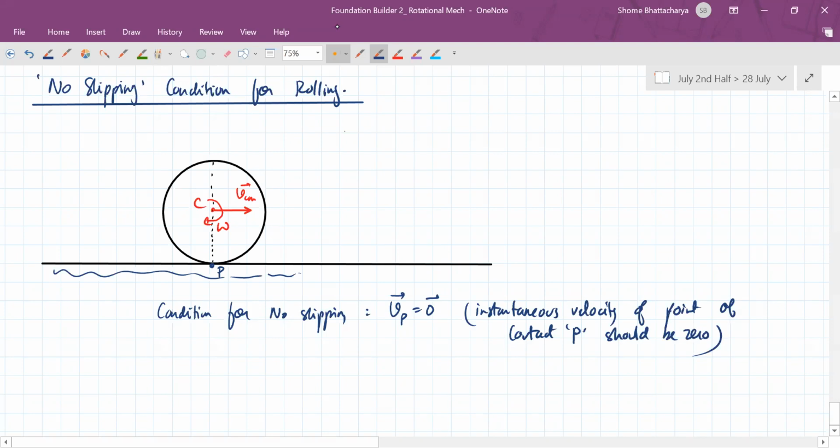Now you might ask, how is that possible if the object is moving, some point in it is having 0 velocity?